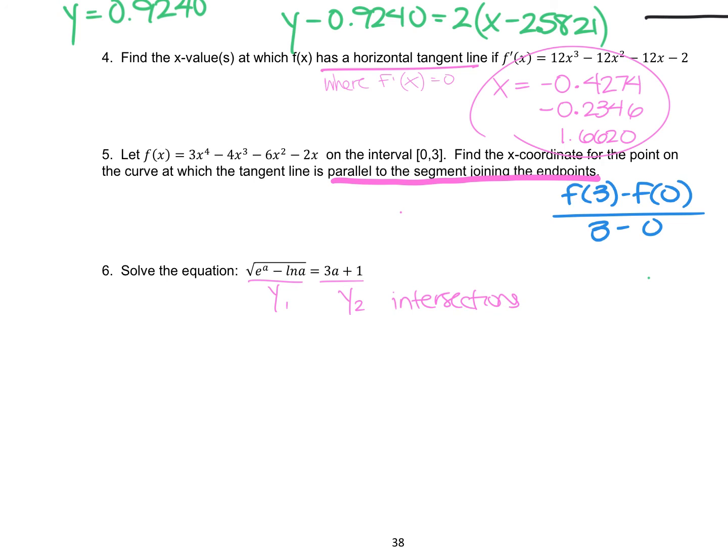You're going to do y1 of 3 in your regular calculator part, and y1 of 0 in your regular calculator part. Can you not just do y1 of 3 minus y1 of 0? Oh, you could. If you want to do it all at once, you can do that and make that the top. So I've got mine as 75 minus 0 over 3, or a slope of 25.